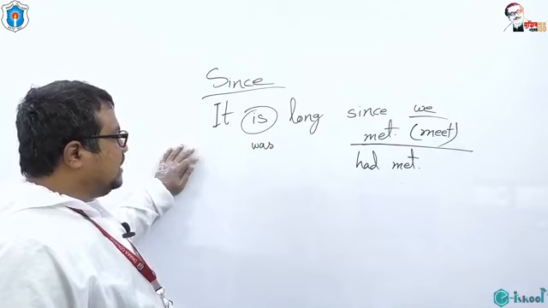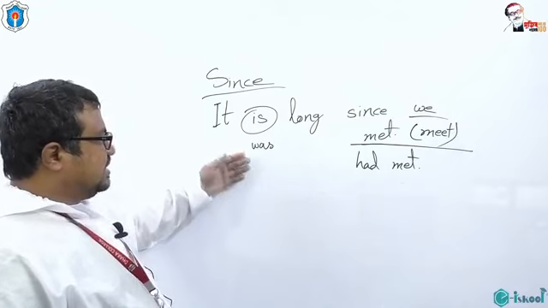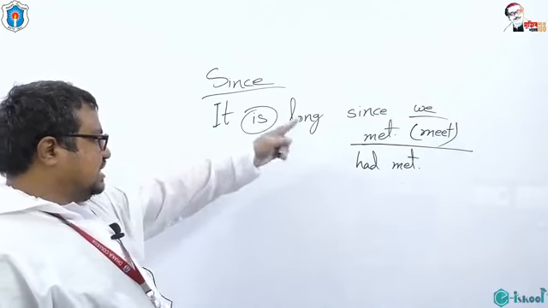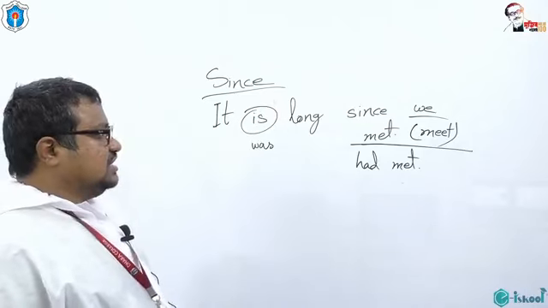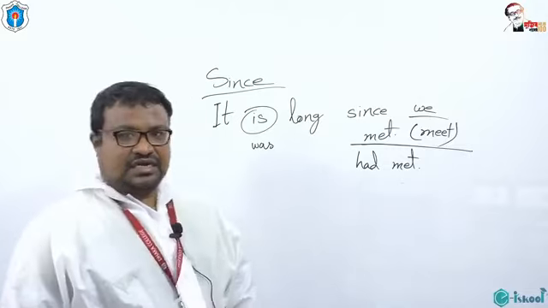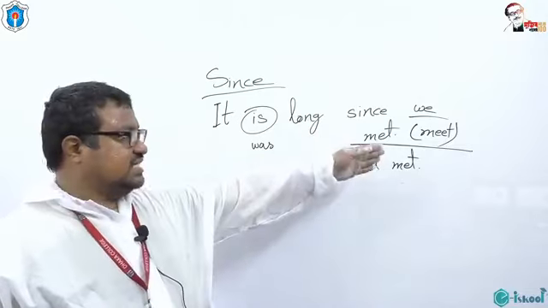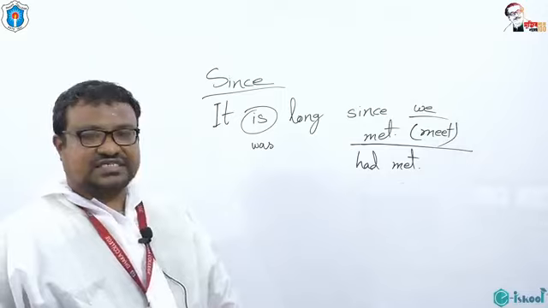So, if we use simple past tense before since, then it is past perfect tense after since. But if we use simple present tense before since, then it is simple past tense after since.